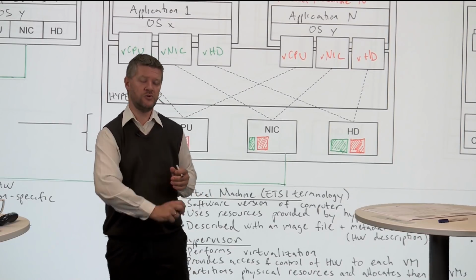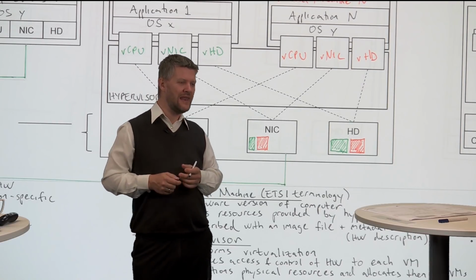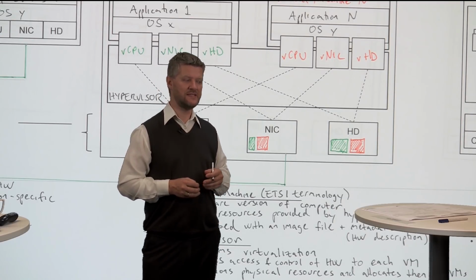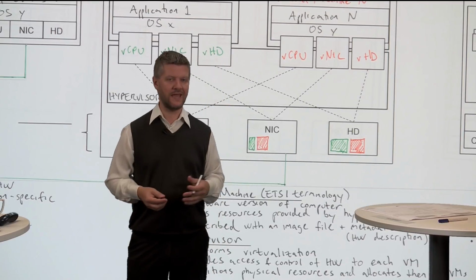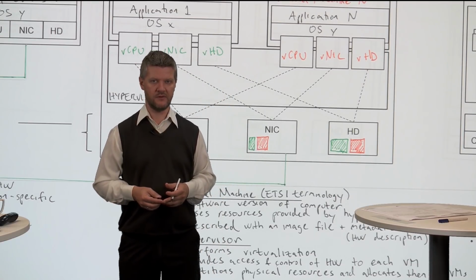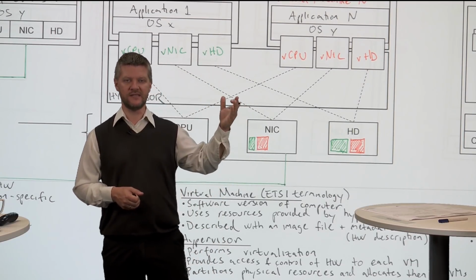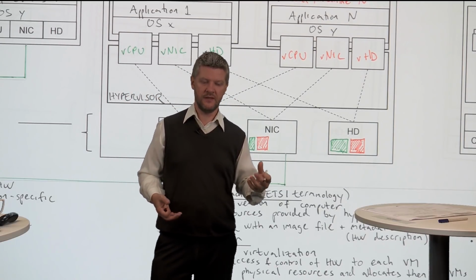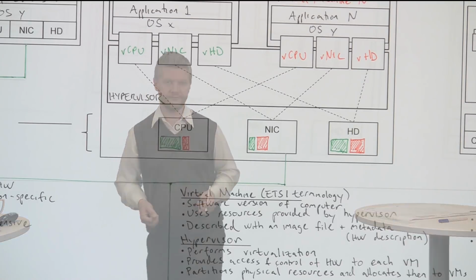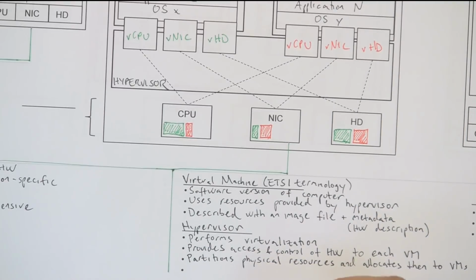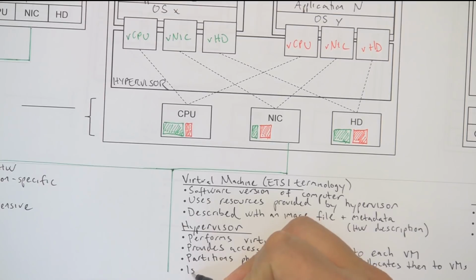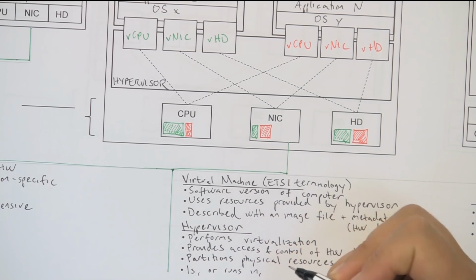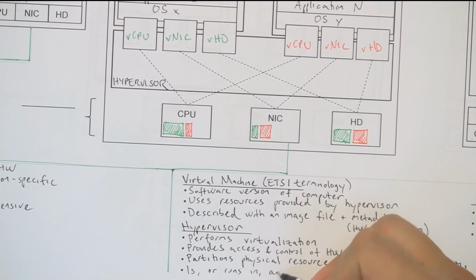So what I'm going to write here, maybe a little bit confusingly, is "is or runs in an operating system." All right, so it can be an operating system or it can be part of an operating system.